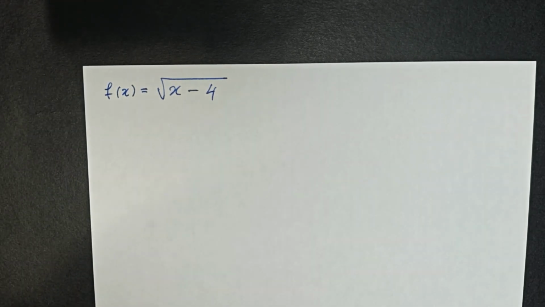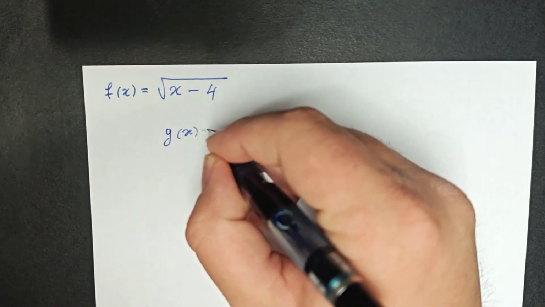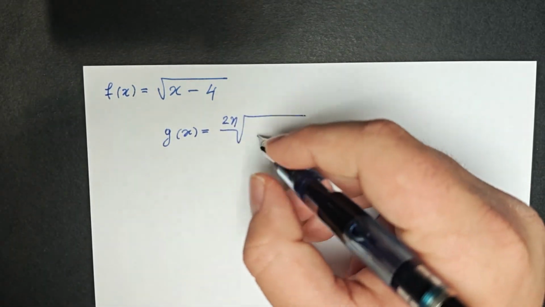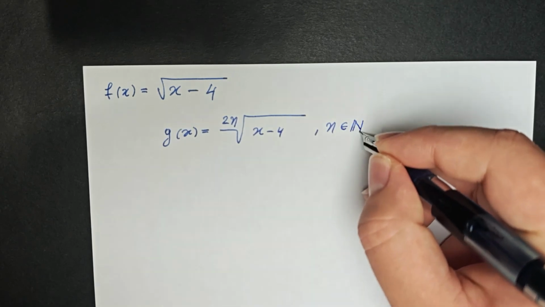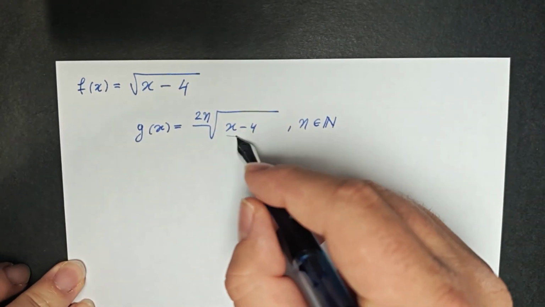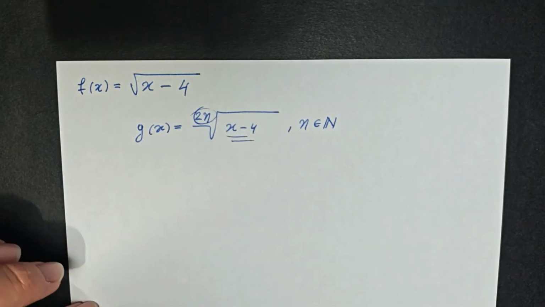For square roots or any radical where the index number is even, I'm talking about the functions g of x, which can be defined as the 2n-th root of x minus 4 when this n is a natural number, you can't have a negative number as an argument of that even root function.